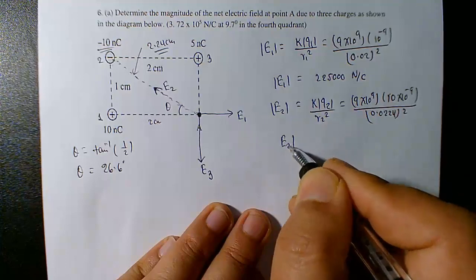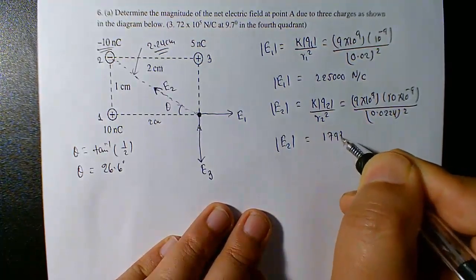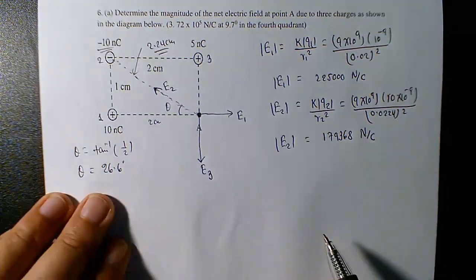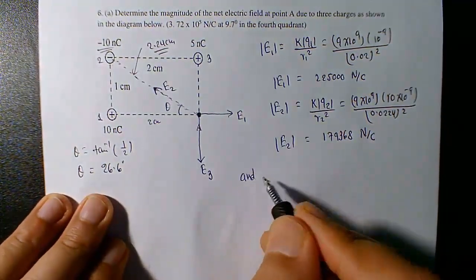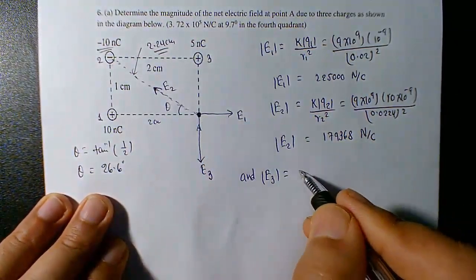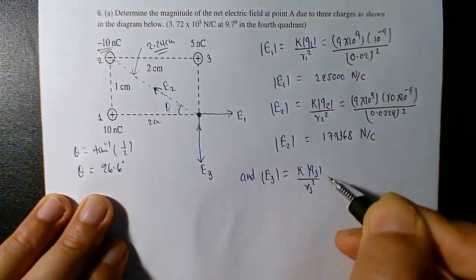So E2 magnitude is, if you do the calculation, 179,368 newtons per coulomb.